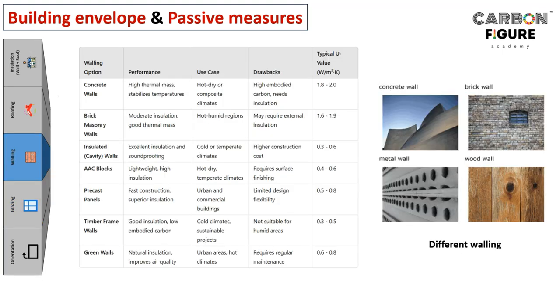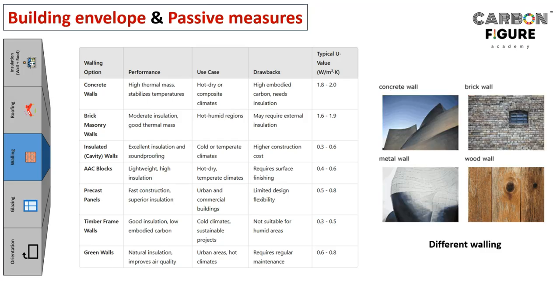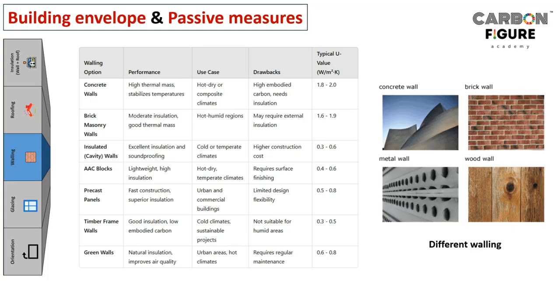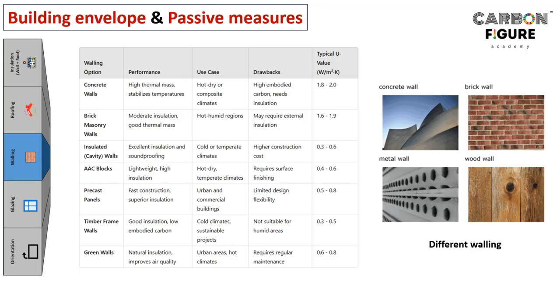Next we have walling. So what are the different options for walling? Concrete wall, brick masonry wall, insulated wall, that is cavity wall, then AAC block, precast panels, timber frame walls and green walls, right?